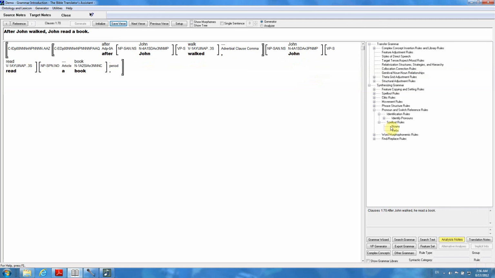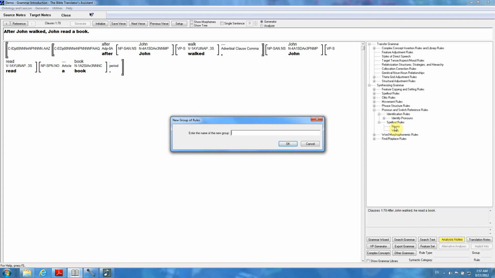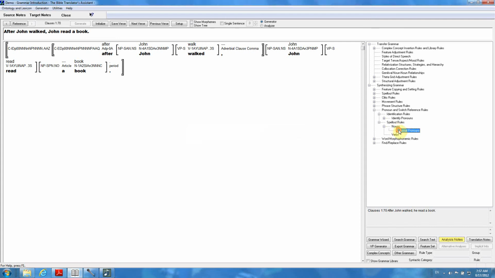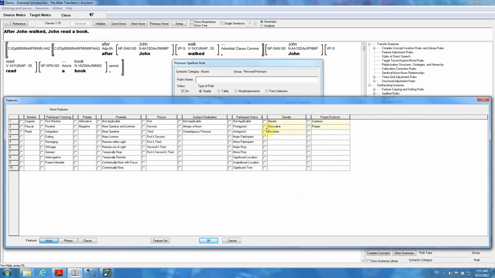Okay, now let's write a rule that will look for unambiguous pronoun. The person is third and the number is singular. So we'll write a rule that will just insert the pronoun he. And let's call this personal pronouns. Okay, this will be a new translation. The features will be masculine, singular.